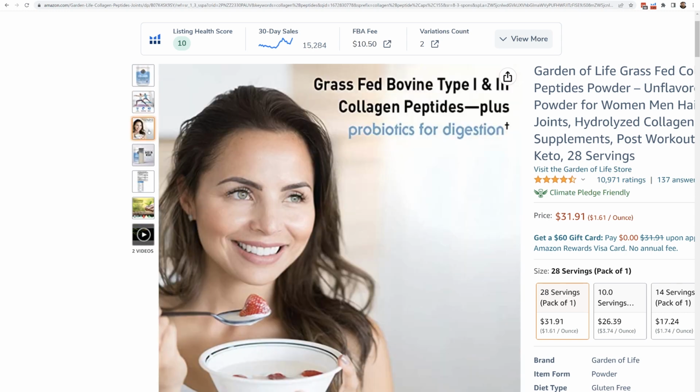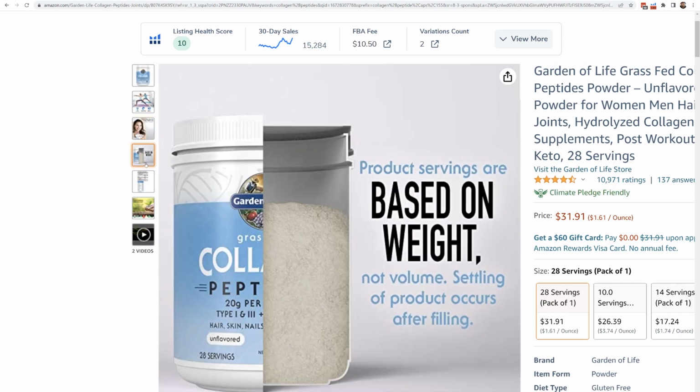The very first image of a person that's actually eating something is showing them eating strawberries with milk. There's nobody in the reviews saying they put collagen peptides in their strawberry milk. Like, what weirdo puts strawberries in their milk? Anyway, I don't know.